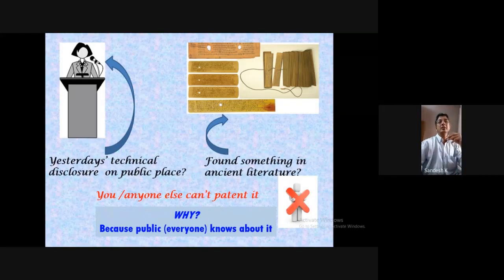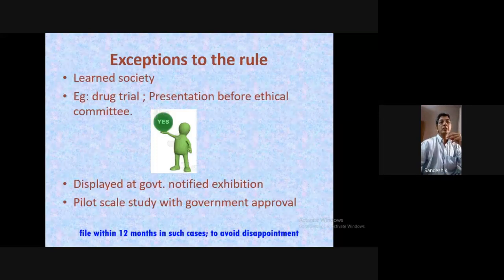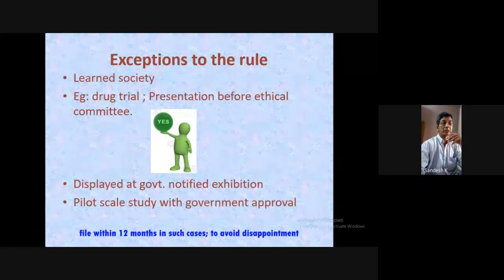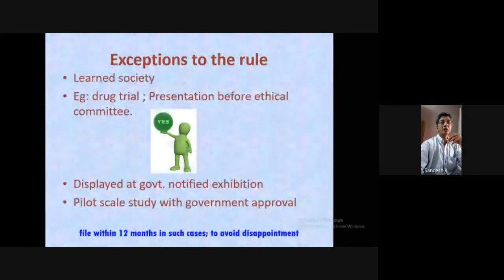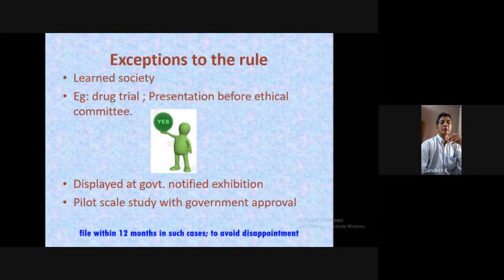Next slide, please. There are certain exceptions to this rule. Learned society: this workshop is actually a learned society. It is an association of a certain group or an academic institute, a known group, say 47 people, with a list of registrations for this FDP.